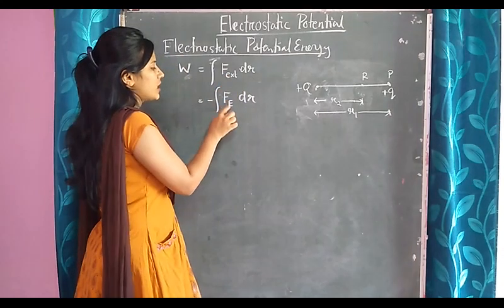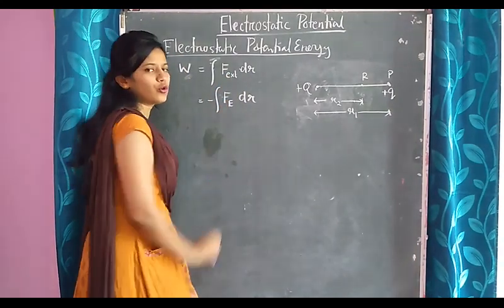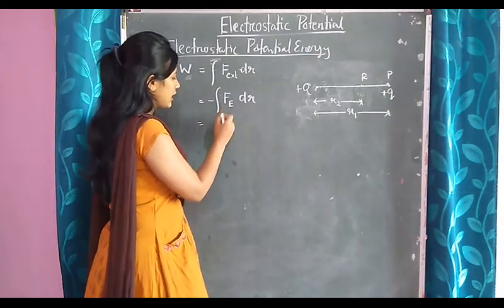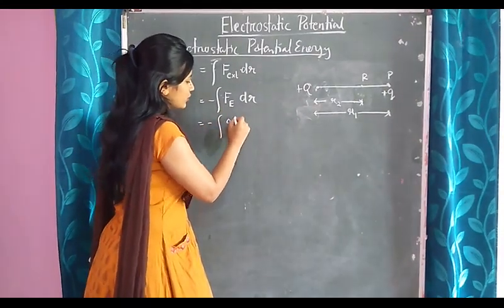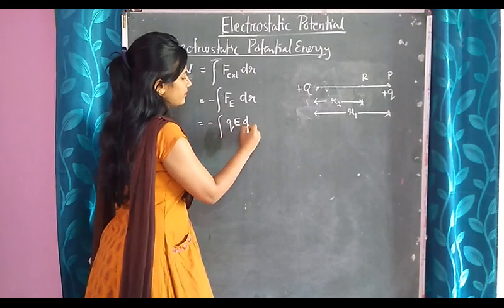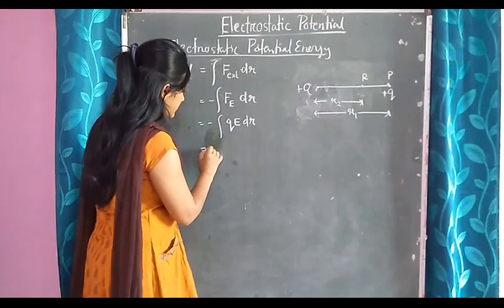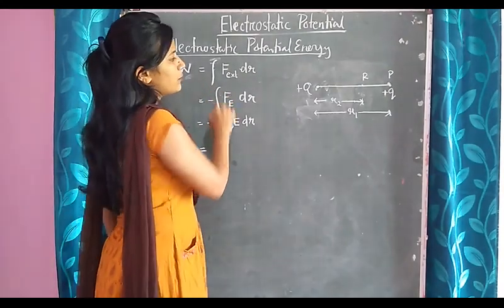So F external must be equal and opposite to the electrostatic force. Again we know that Fe is equal to qE. Next we will put the limits.